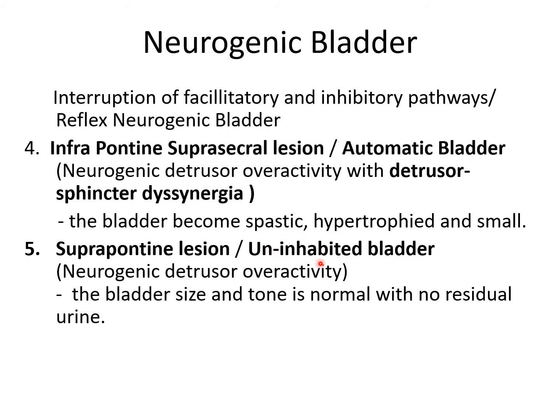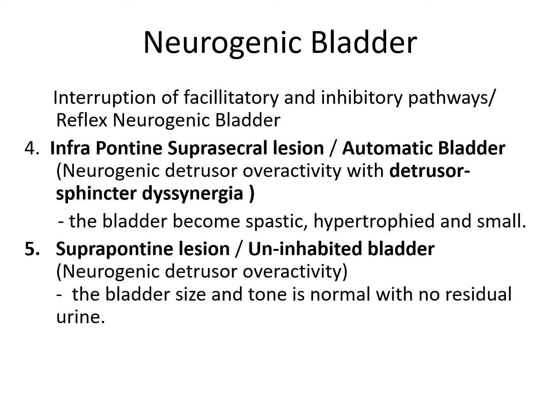Inhibition from the cerebral cortex is inhibited. So it is uninhibited bladder, and it is also called neurogenic detrusor overactivity. Here the detrusor sphincter synchronization, which is mainly done by the pons, is not hampered, because the lesion is above the pons, in the cerebral cortex. So here the bladder size and tone are normal with no residual urine.